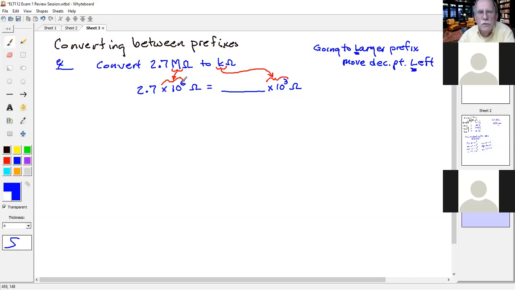So in this particular case, we're going from 10 to the 6th to 10 to the 3rd. 10 to the 3rd is a smaller prefix than 10 to the 6th. So we're not going to move left, we're going to move right. The one we're going to, 10 to the 3rd, is smaller than 10 to the 6th. So move not left, but right.